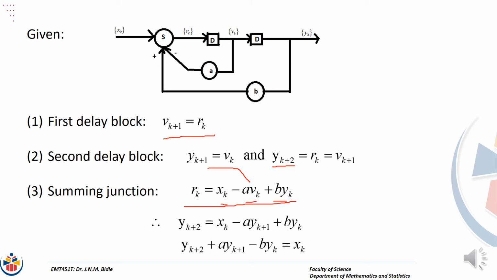And then we sort it out. So in place of rk, we've got yk plus 2. In place of vk, we've got yk plus 1. And then we take all the outputs, which is y's, on the left-hand side, and we're left with the input, which is xk, on the right-hand side.